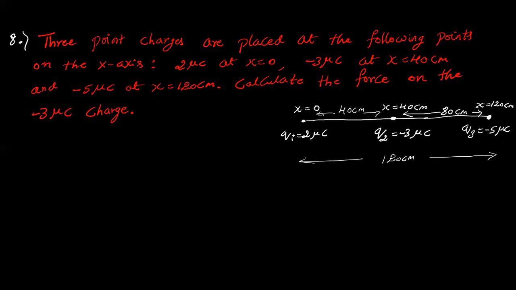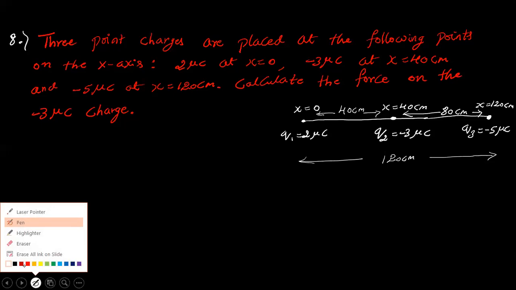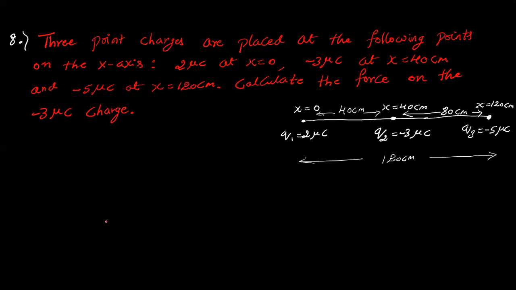You can see Q1 is positively charged, plus 2 microcoulomb, but this is minus 3 microcoulomb. So of course there is an attraction because this is a plus and this is a minus. So that attractive force between charge 1 and 2, I'll call it F12, will attract.